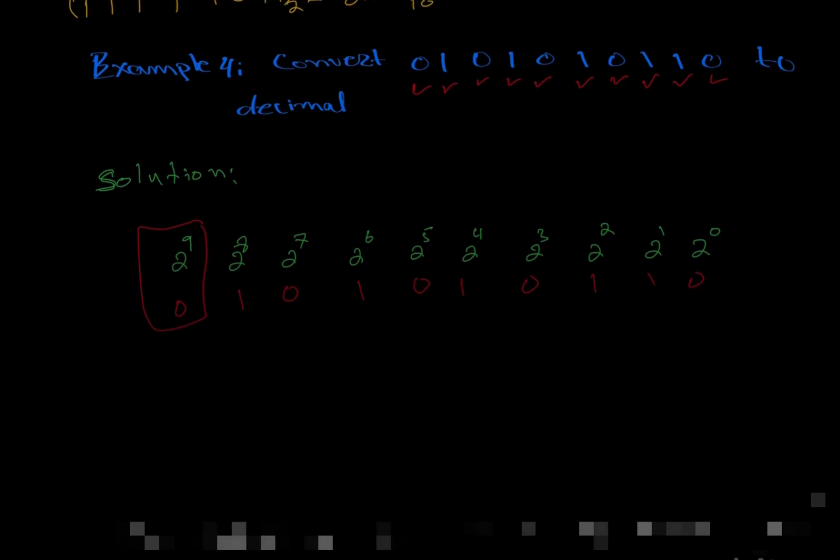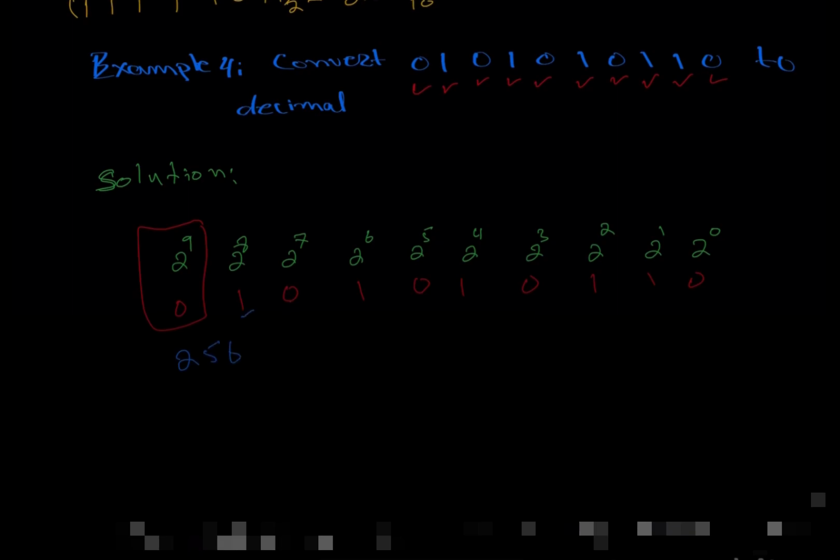So 2 to the power 8 is, I think, 264, but I'm not sure. I can't say that, but we will find out. 2 to the power 8 is 256 actually, yes. So 256 is the first one right there.